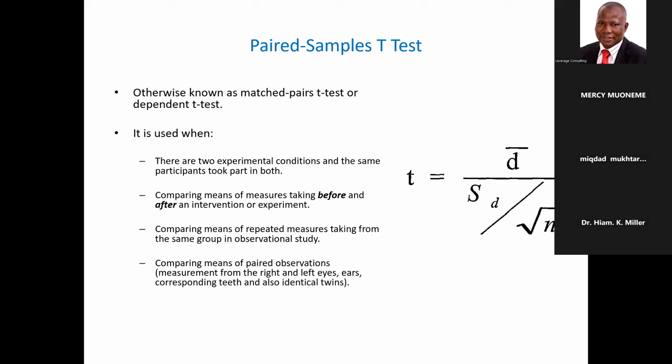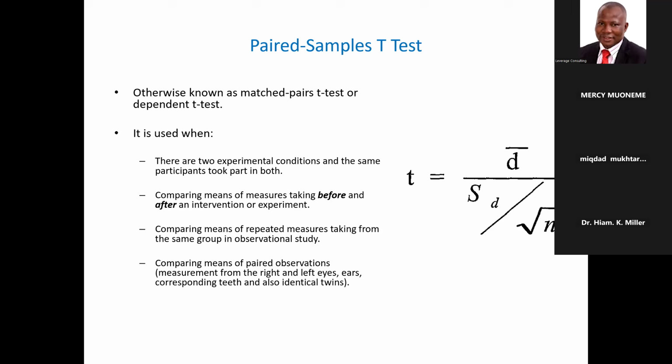So in what situation do we use it? It is used when there are two experimental conditions and the same participant took part in both. For example, you give some people a drug for sleep, people that cannot sleep, insomnia. You come and measure something, maybe their blood pressure.